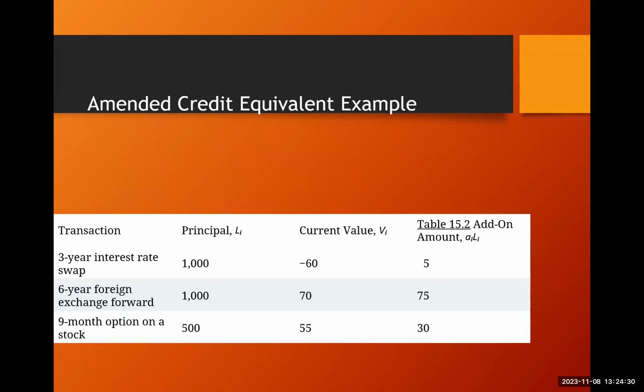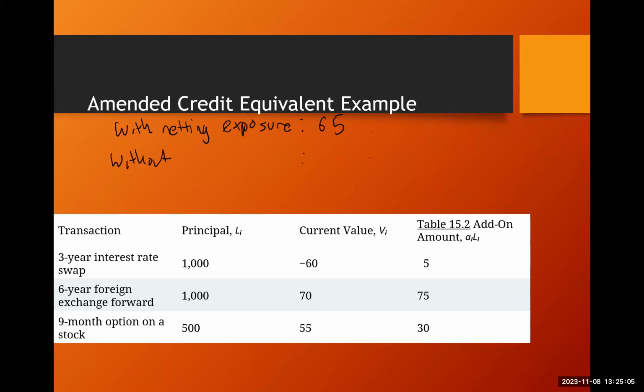So we talked about an example here of what the result would be with and without netting. With netting, we have an exposure of 65.